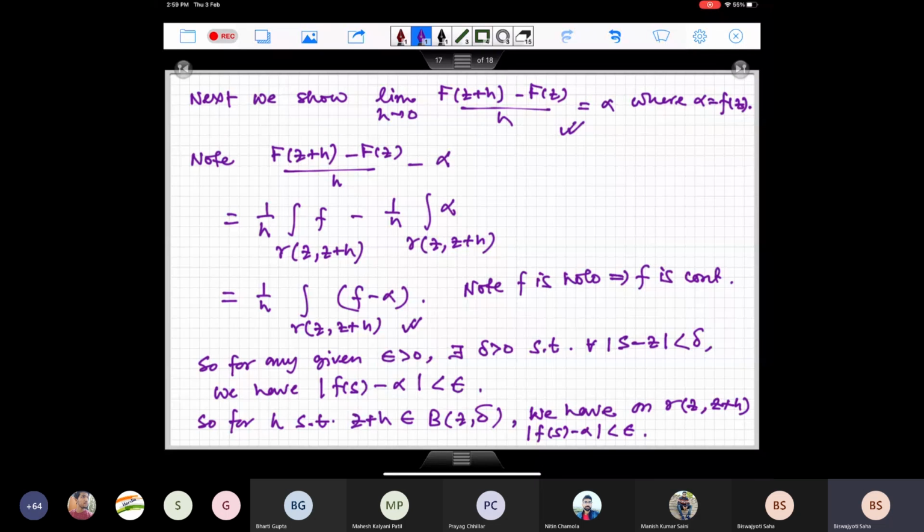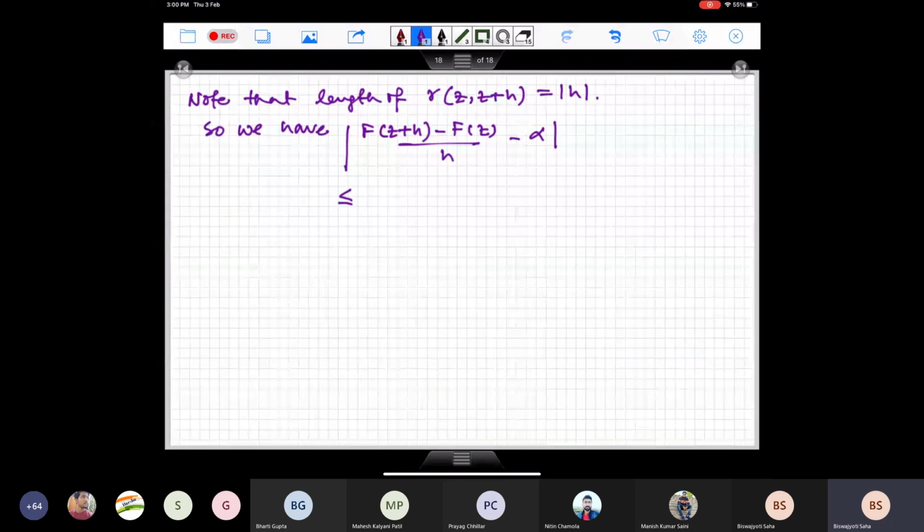If I want to apply the ML inequality, M is nothing but epsilon here, and the length of the path is |h|. So in absolute value, this is 1/|h| times epsilon times |h|. So that gets cancelled, and this is equal to epsilon.